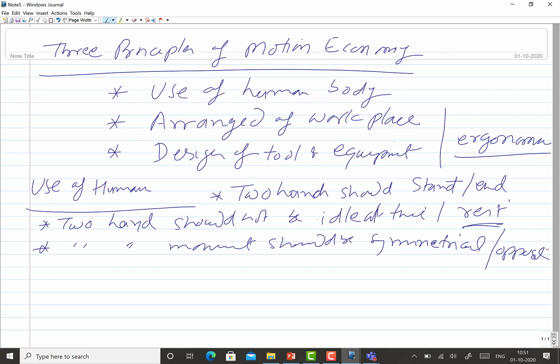This will cause less fatigue rather than doing the opposite, like one hand being stationary while the two are moving in the same direction. Okay. And they should be made simultaneously. Motion of the hands should be symmetric, opposite, and simultaneous.